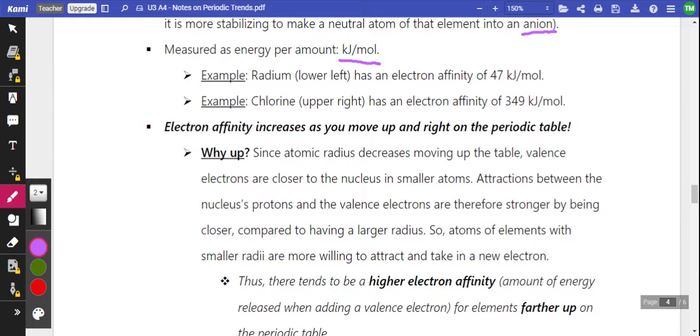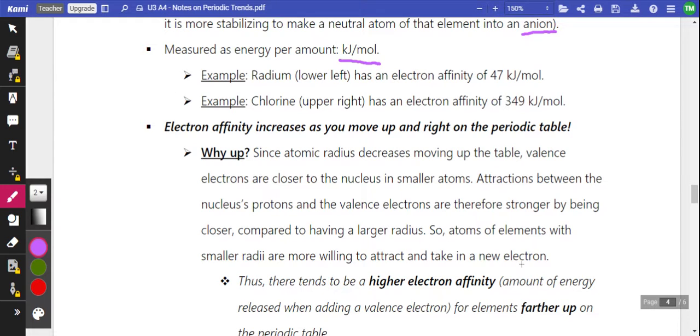So a small atom getting an electron in close to the nucleus is going to be pulled in very tightly, very strongly by that nucleus. What we get is therefore a much more stable atom. We have things playing by the laws of physics. If it feels a strong attraction, it's going to move into the atom, pulls it in. We end up with a lot of energy, therefore, released from that atom as it gains an electron.